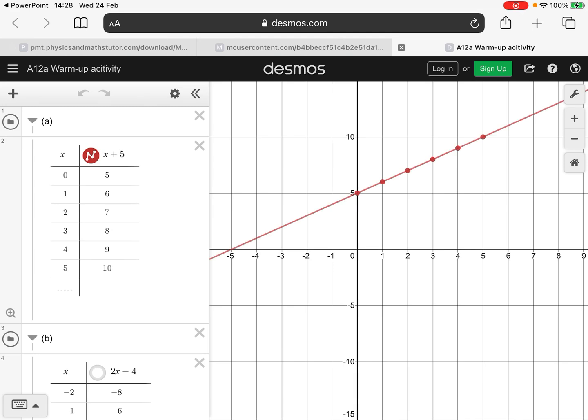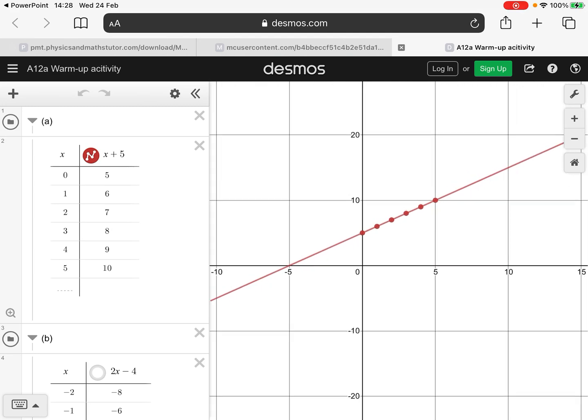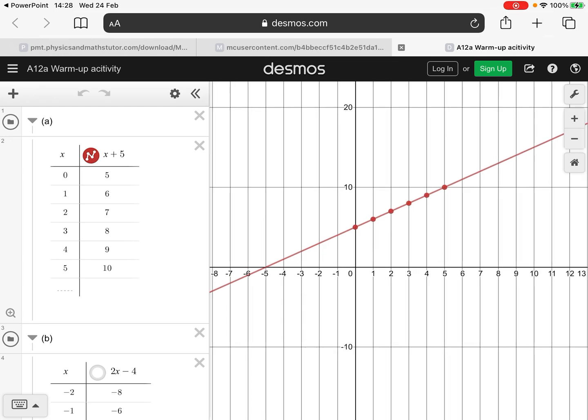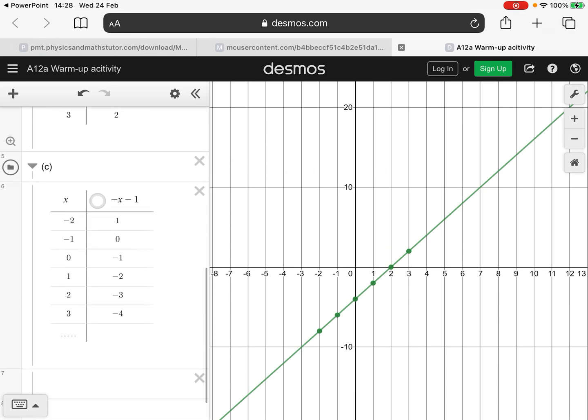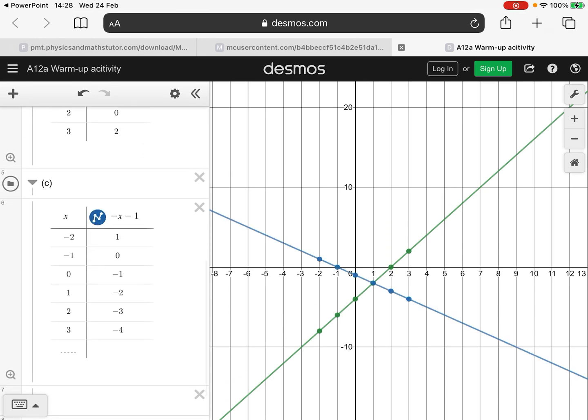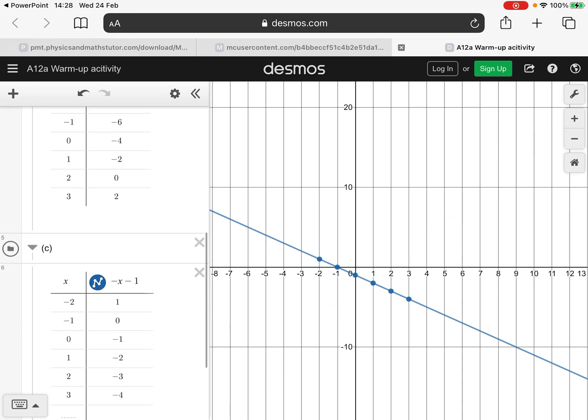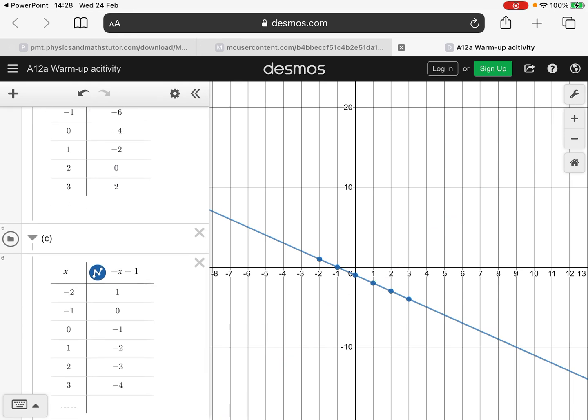So that's roughly what the first one should look like. Second one would look a little bit like that. Third one would look like that blue line there, roughly. If you need me to explain any of that in more detail, please let me know.